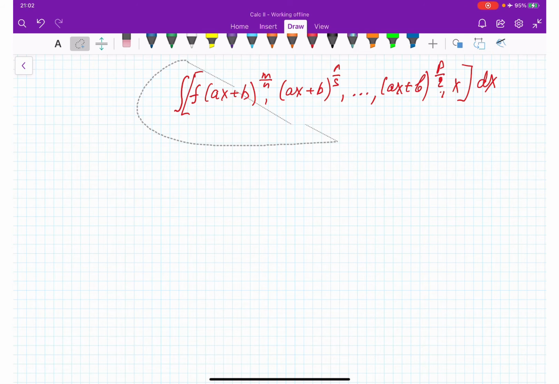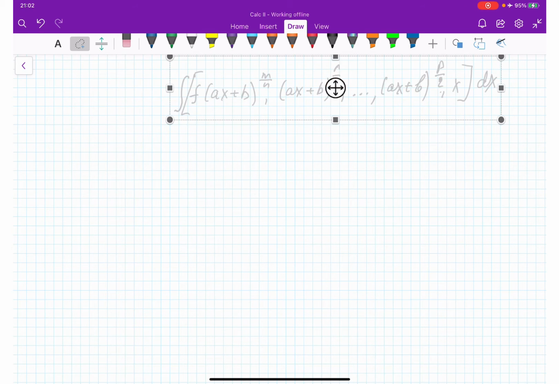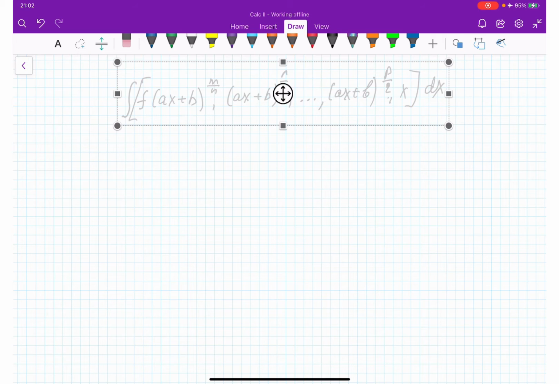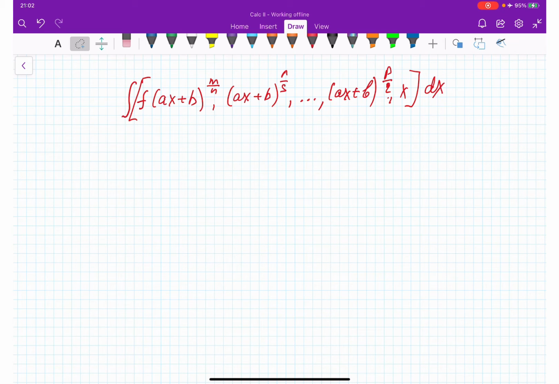Since I have rational exponents here, that means I'm going to use radicals, right? Okay, so let's start.